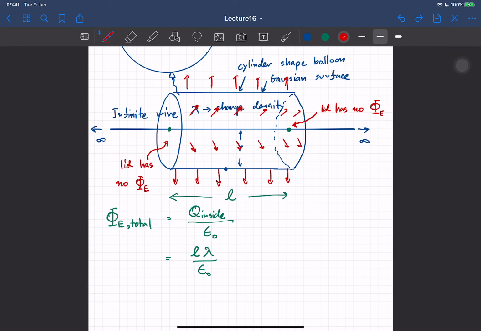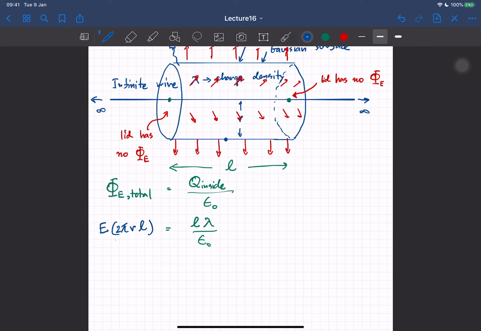So the total electric flux is just the electric field times the area of the wall. And what is the area of the wall? The area of the wall is just 2 pi r, which is the circumference of the lid, times the length of the cylinder, which is L, or small l, like this.